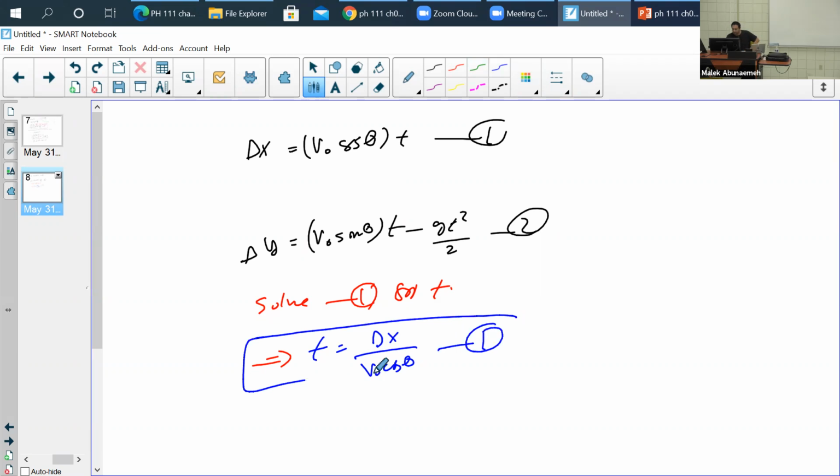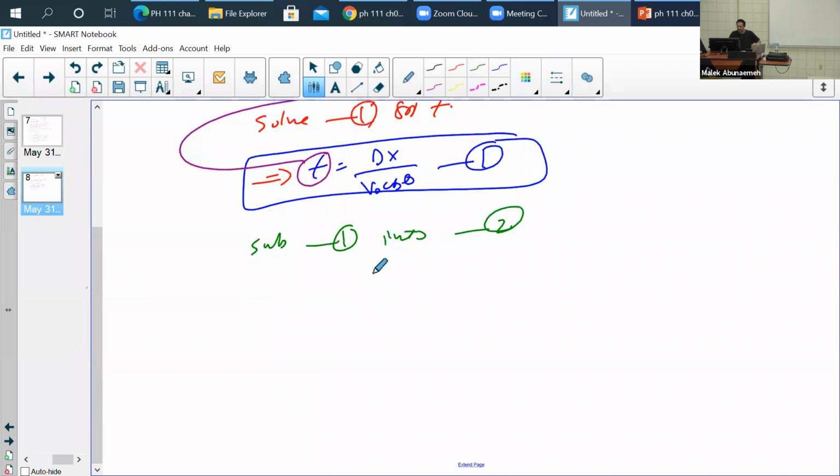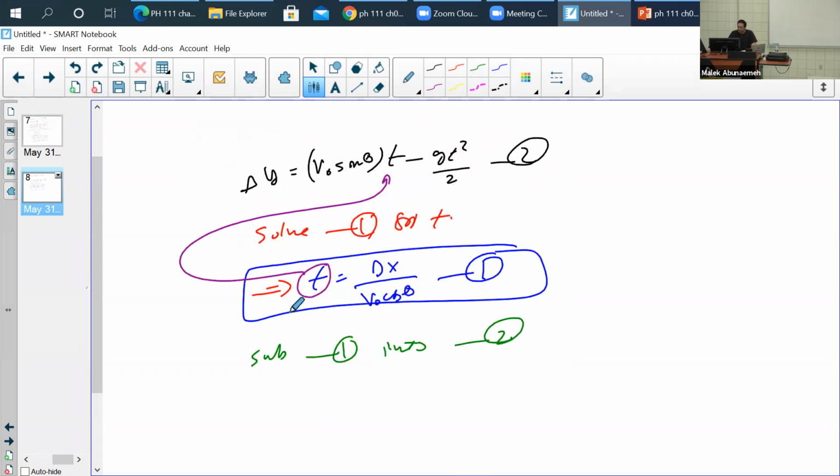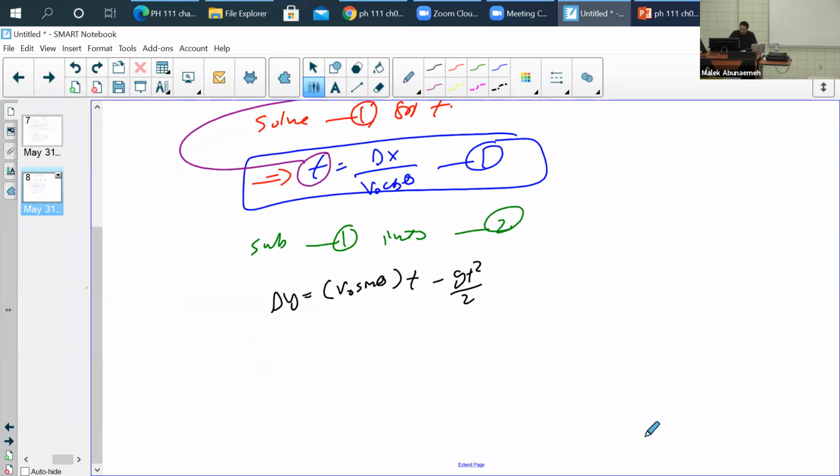This is still equation 1, we just rearranged it. Now we're going to substitute equation 1 into equation 2. So we're going to take this little fellow over here and substitute it in this one. Delta y equals your v naught sine theta t minus g t squared over 2.